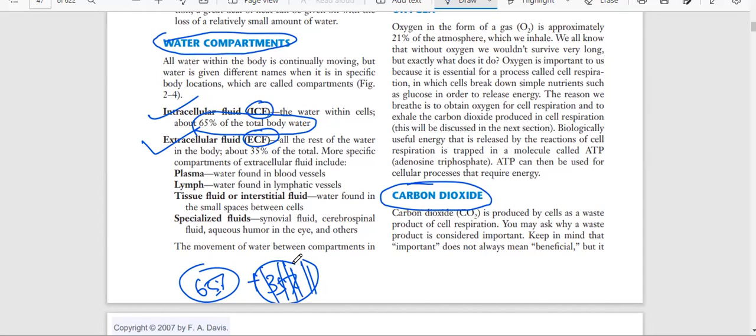That's the reason we have to understand where this 35% is divided. For the 65%, we can close our eyes and say that it is present in the cell. There is no question about that. But this 35% is divided into different parts of the body. Now first we will talk about this.